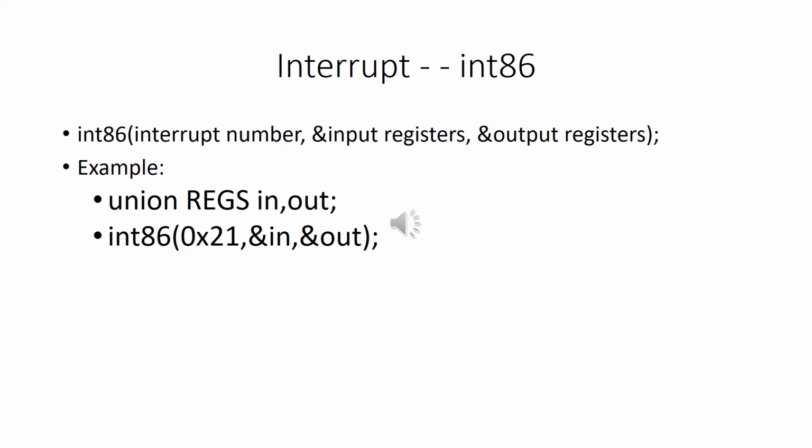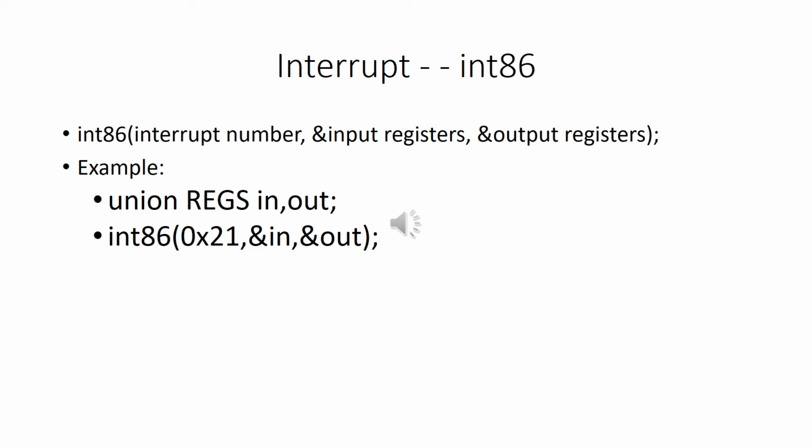Now the interrupts in 8086 are executed in the C programming language using 4 different types of instructions. First instruction is int86. The syntax is, it's a function int86. There are 3 parameters for this. First parameter is the interrupt number. Second parameter is the address of the input registers. Third parameter is the address of the output registers.